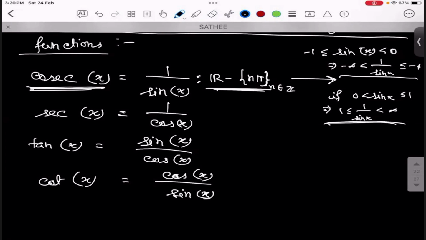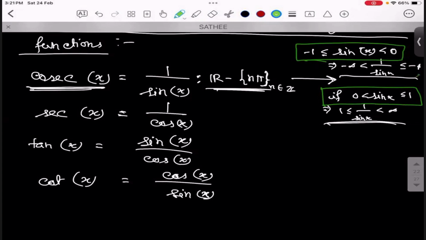So whenever we eliminate the n pi's from the real numbers, then sin x will not attain the value 0, so we should not be bothered about that point. So either one case is when sin x is strictly less than 0, or another case is when sin x is strictly greater than 0.